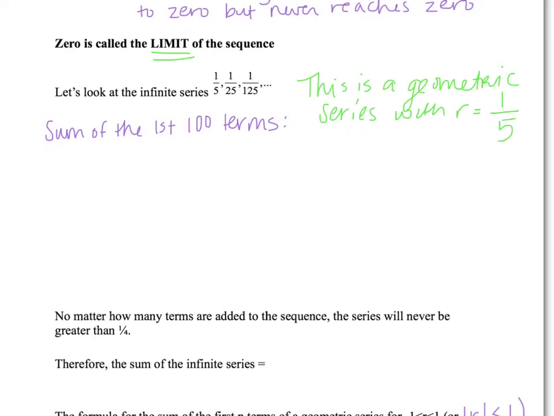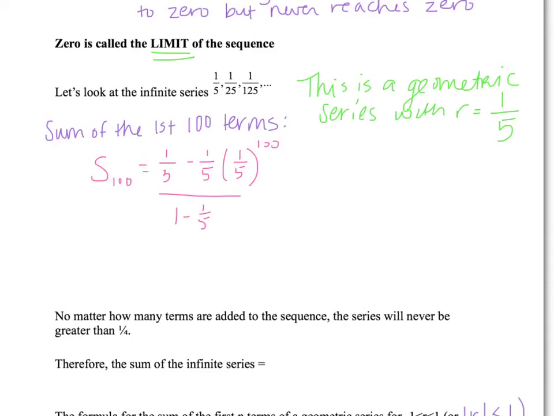If we wanted to find the sum of the first 100 terms, we would use our sum formula for geometric series, which says the sum of the first 100 terms equals the first term minus the first term times r, which we decided was 1/5, to the n, which would be 100, all over 1 minus r.